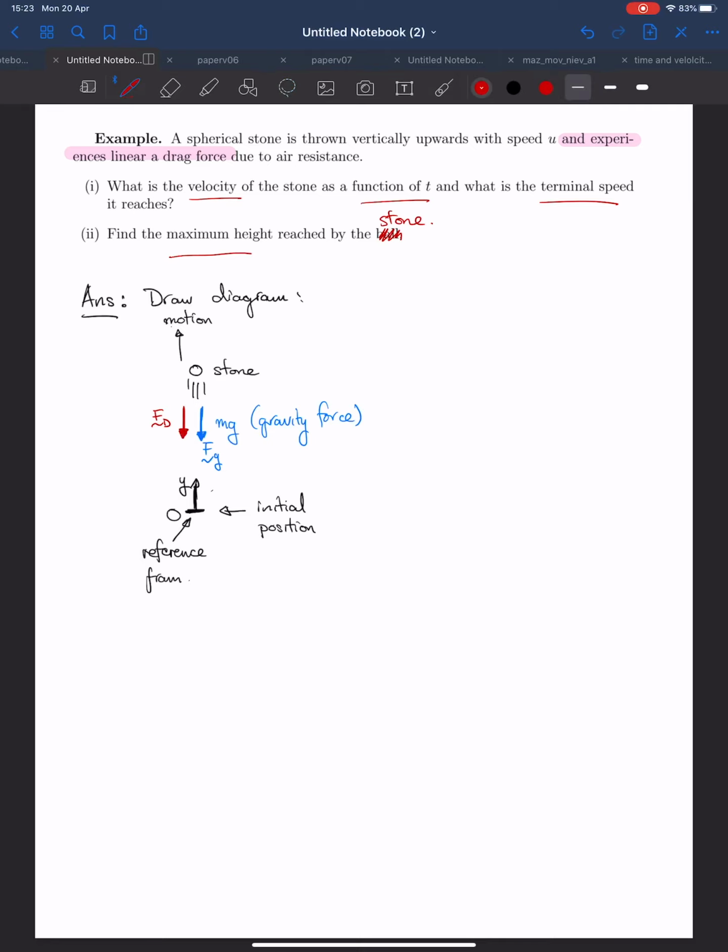And the magnitude of this is b times v. So this motion takes place with velocity v.